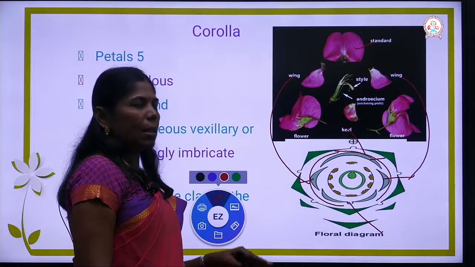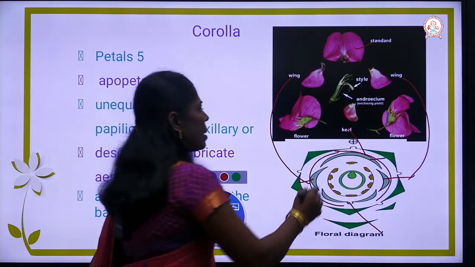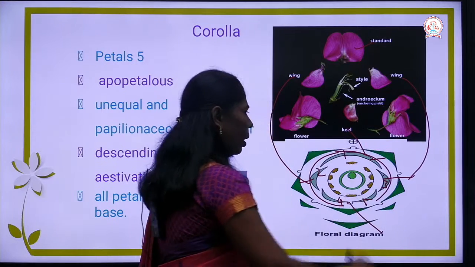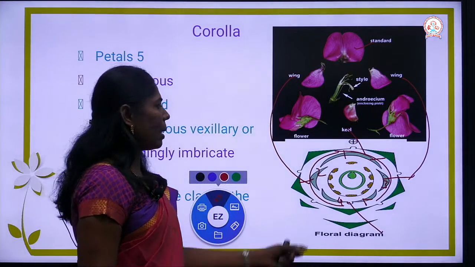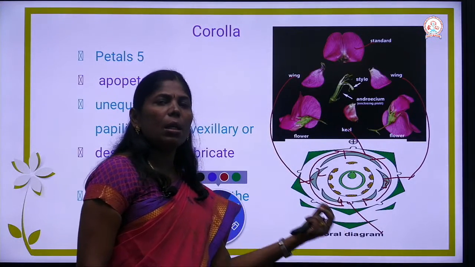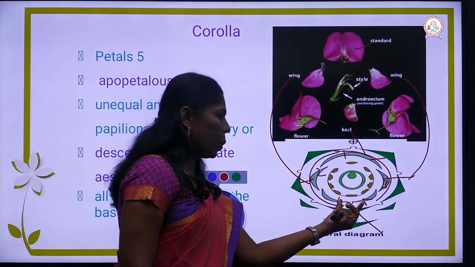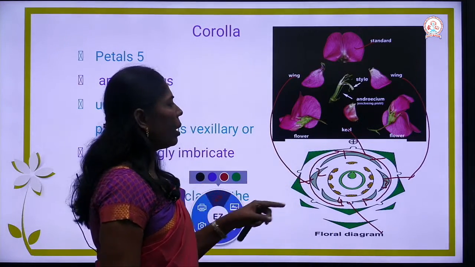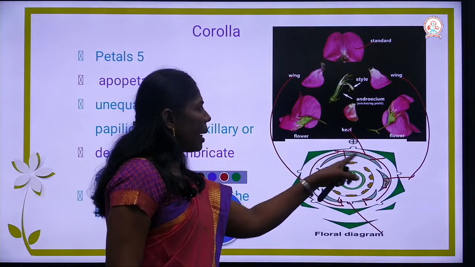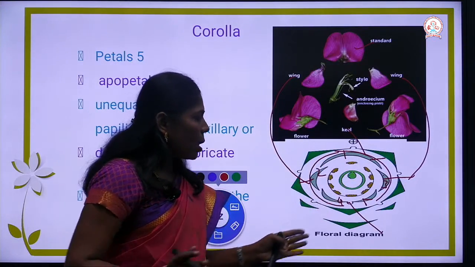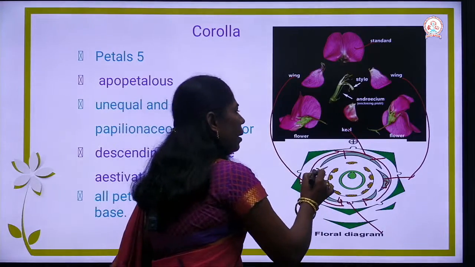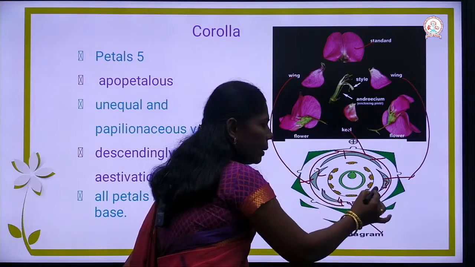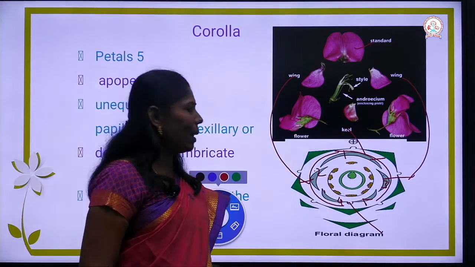Okay, so how many petals are there? Already I said there are 5 petals: 1, 2, 3, 4 and 5. Here the last petals, the keel petals, the anterior petals, are fused together. Only the anterior petals are fused, the posterior petals are free. The standard petal overlaps the lateral petals, and the lateral petals overlap the anterior keel petals.